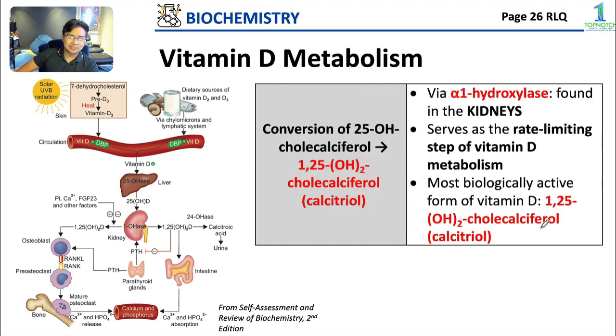Now, this form of vitamin can become your 1,25-dihydroxycholecalciferol, also known as calcitriol, via the 1-alpha hydroxylase found in the kidneys. And this enzyme serves as the rate-limiting step of vitamin D metabolism. Take note that the most active form of vitamin D is your 1,25-dihydroxycholecalciferol, also known as calcitriol.